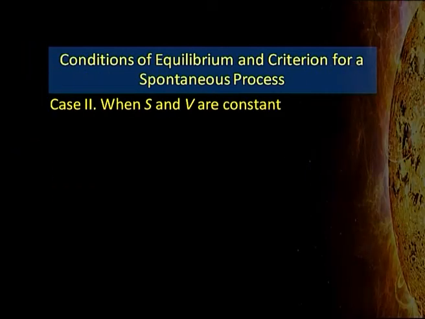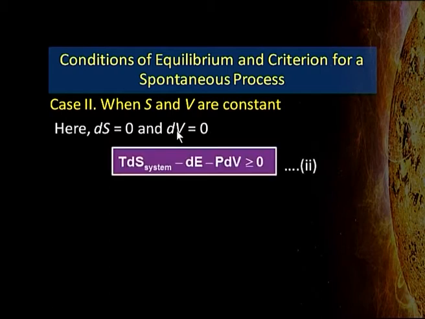In case 2, we will discuss when S and V are constant. As entropy is constant, therefore, dS will be equal to 0, and as volume is constant, therefore, dV will also be equal to 0.